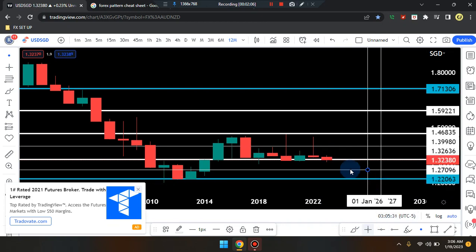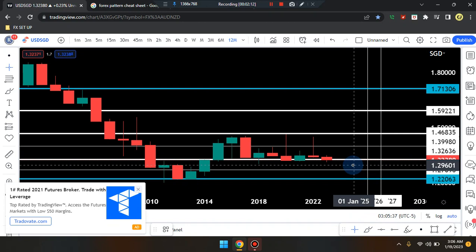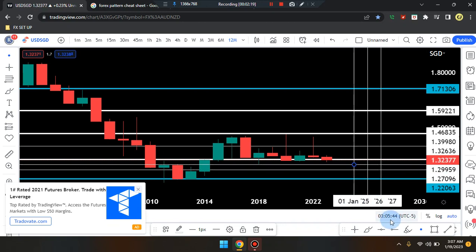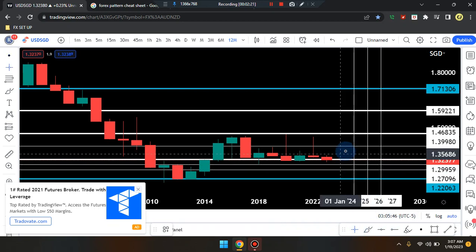Also, let's tag the midpoint right between the numbers we just read and that midpoint, right below price at 1.29959. Let's also tag another midpoint right above the resistance, nearing the numbers of 1.36580.